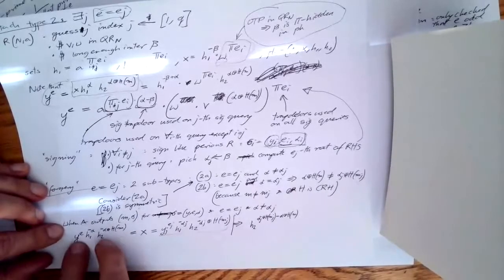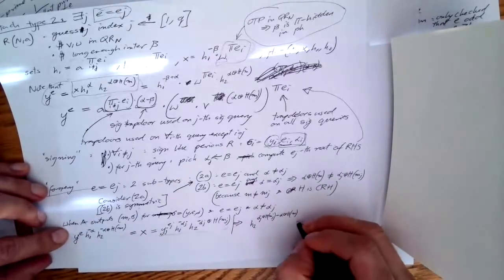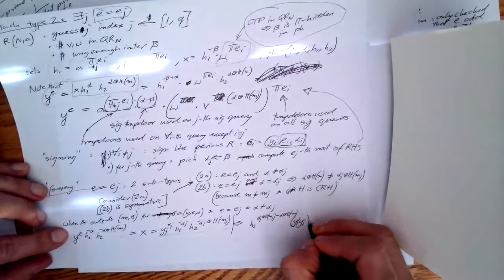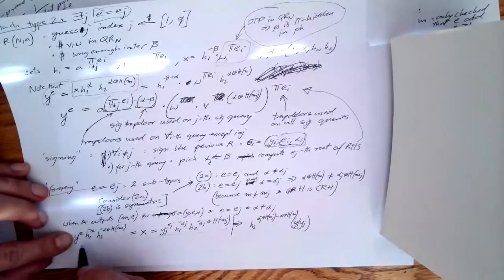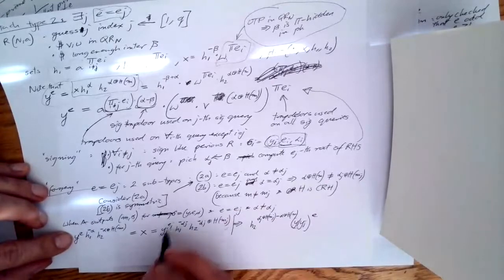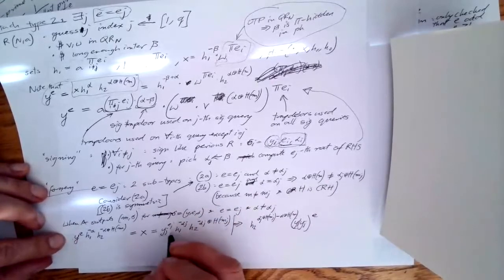Okay, so I put h2 here. I also will have y and yj both to the e, right? Because ej is equal to e, so this is e.